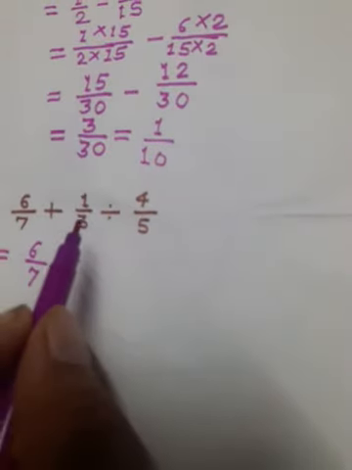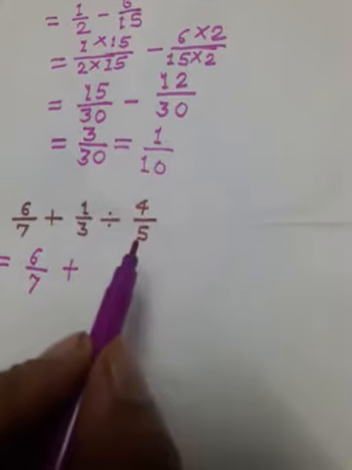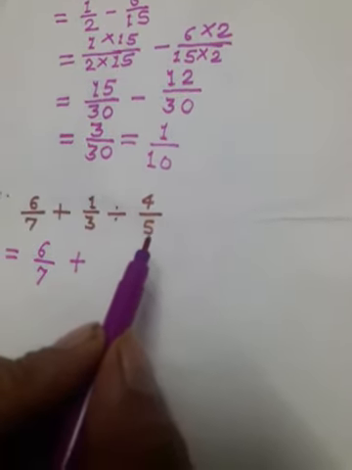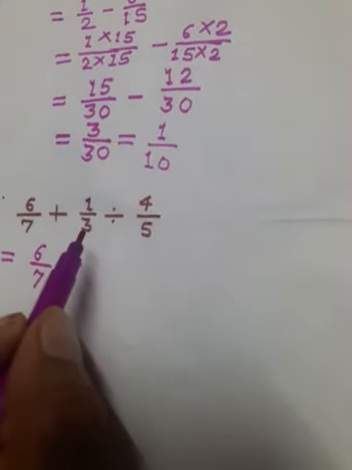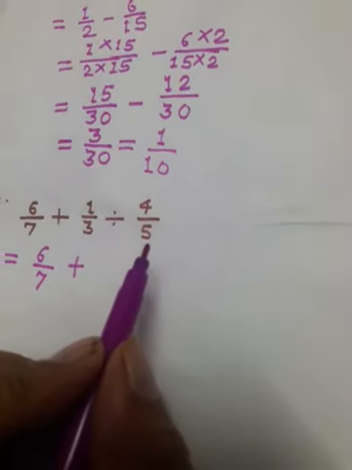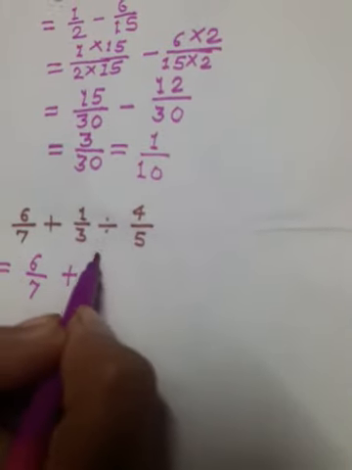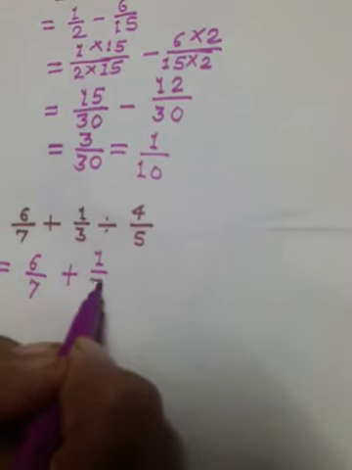We know the rule for carrying out division between fractions. To divide a fraction by another is to multiply the first fraction by the multiplicative inverse of the second. Therefore the first fraction, 1 upon 3, remains the same.